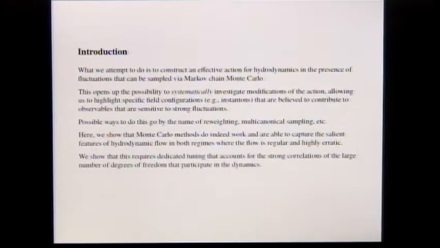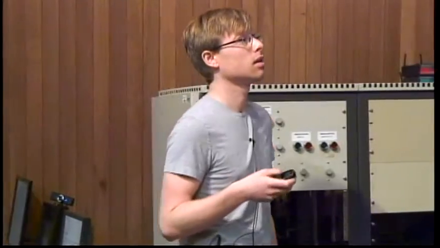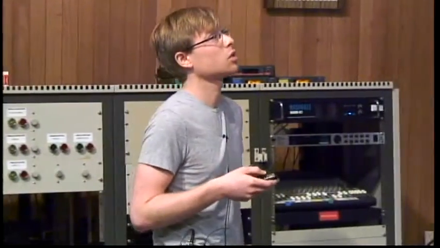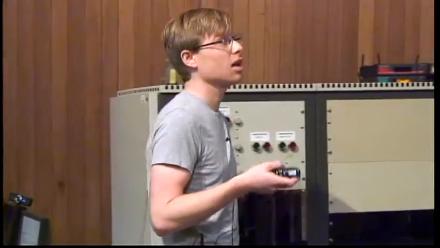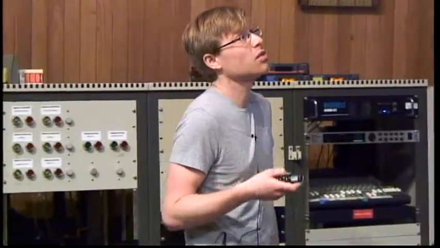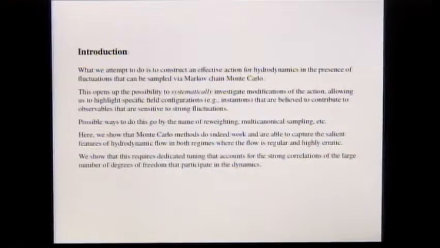Now, as we heard in the previous talk, there are certain problems where one might ask what kind of configurations might dominate and contribute in a very extreme manner in terms of strong fluctuations. And phrasing these types of stochastic problems in terms of a field theory action to be precise, we might play the game of systematically modifying that action to highlight particular field configurations.